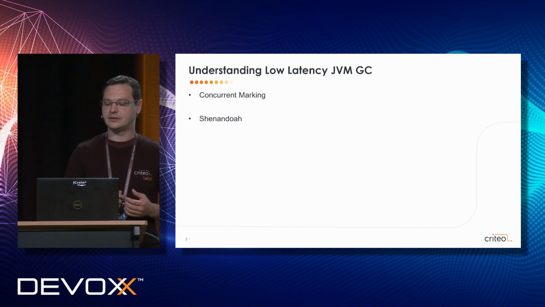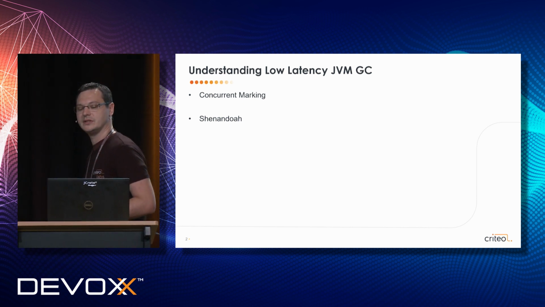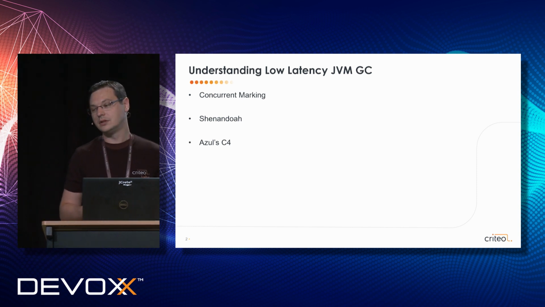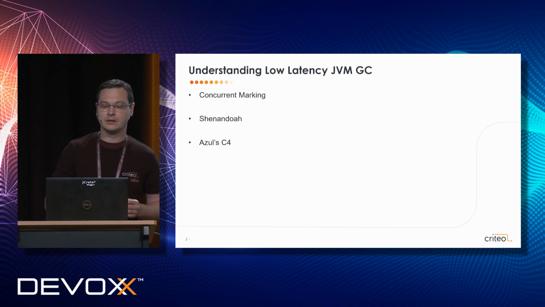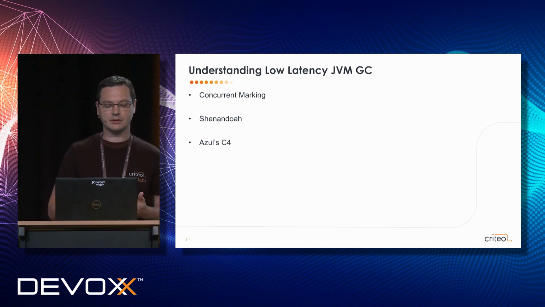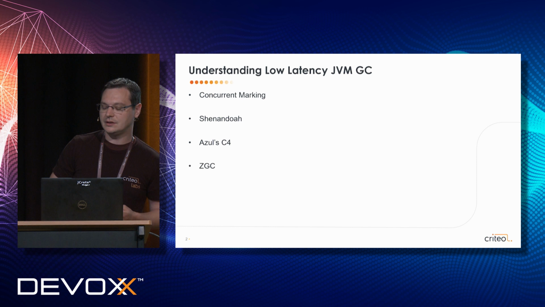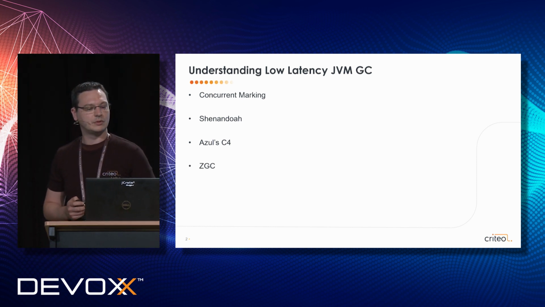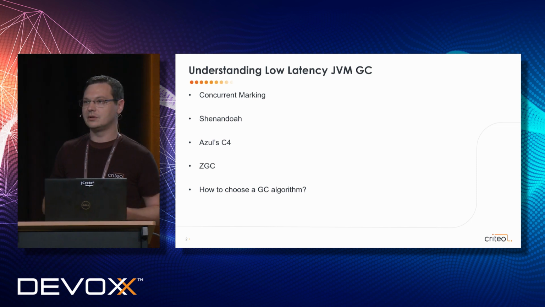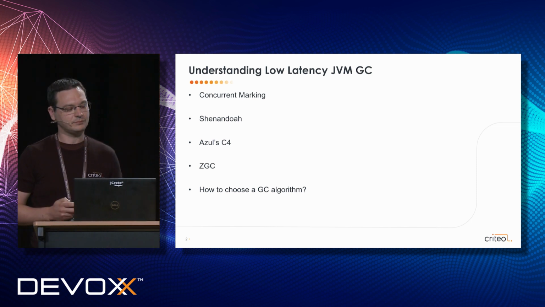Shenandoah is the algorithm that we will see from Red Hat. Then we will see C4. It's the biggest part because I have more experience with this algorithm. Then ZGC, that's the newest one. And finally, we'll help you to choose between those three.